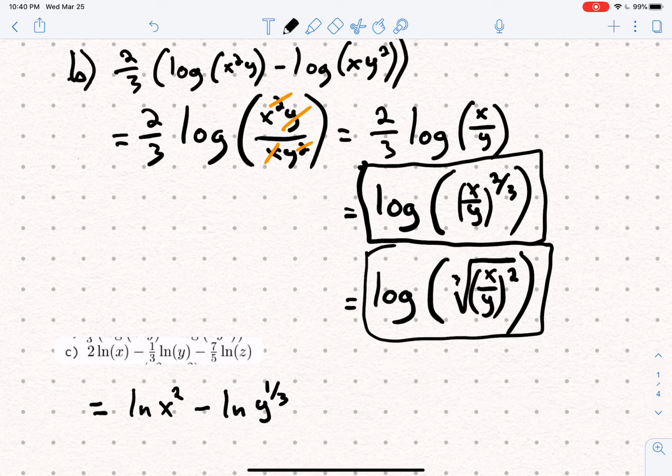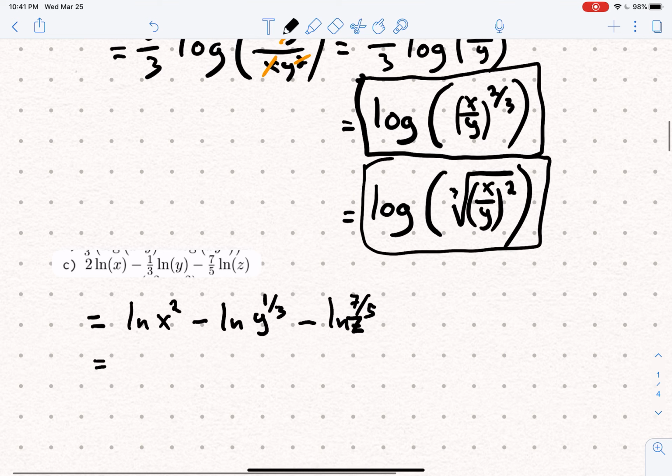And then for the final term, I'm going to do a similar strategy, which is keep it as a minus, and that one is natural log of z to the 7/5. Okay. The next thing that we're going to do is combine these natural logs by using the rule that's for subtraction, and we'll do it in 2 steps.